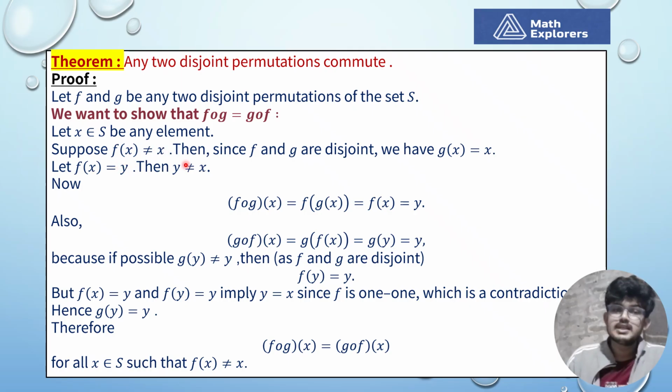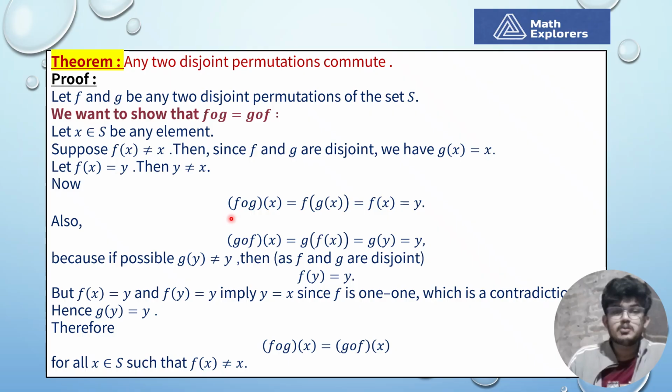Then since f of x not equal to x and f and g are disjoint, g of x must be x. Now since f of x not equal to x and the function is bijective, f of x is something, let y, then y not equal to x.